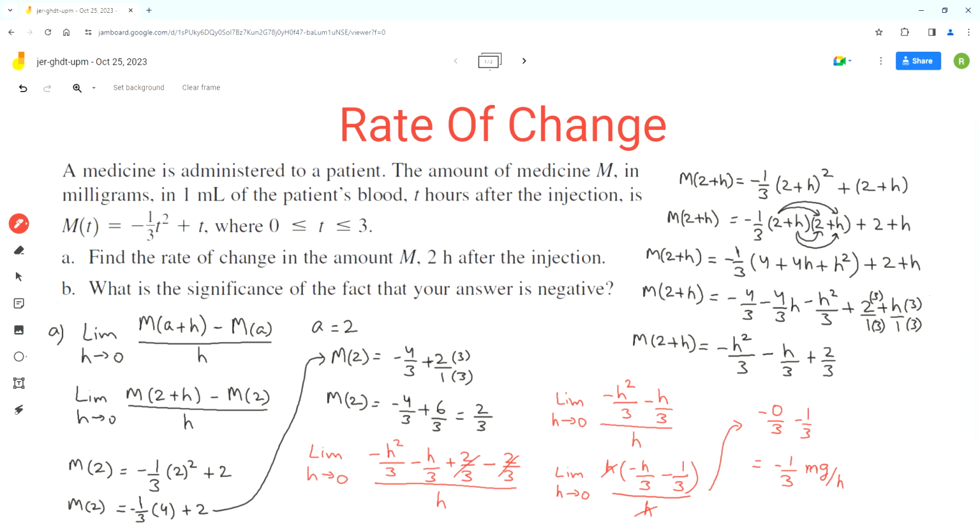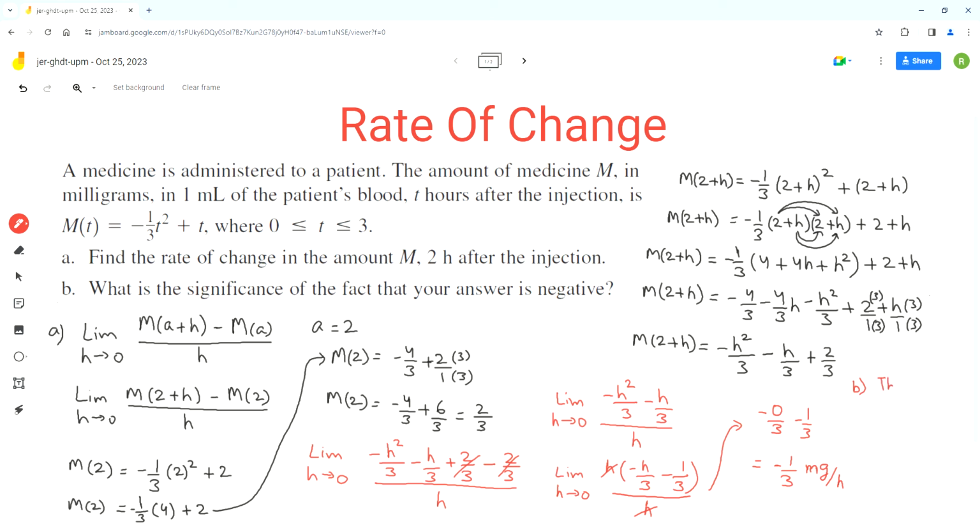Now in part B, we have to answer what is the significance of the fact that your answer is negative. The significance here is that the negative means that this is the rate at which the amount of medicine is decreasing in the patient's blood. So this is the significance. I'll write it on the board.